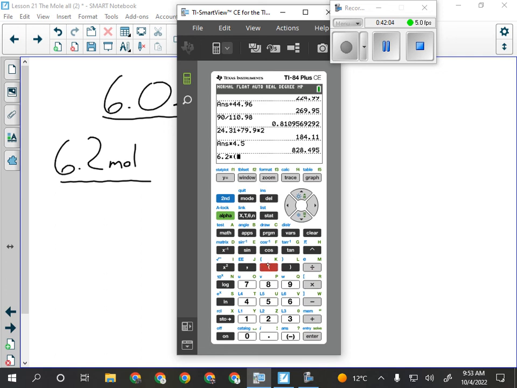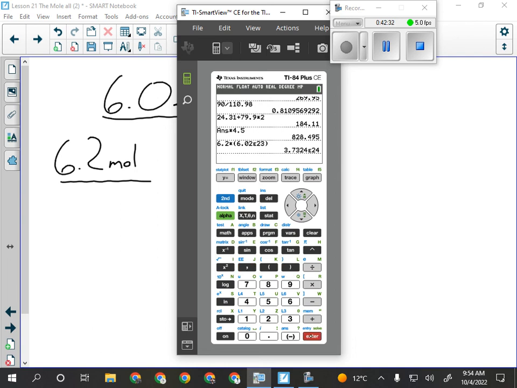So I go 6.02, and then I hit the second function button, and I hit the comma on a TI. If your calculator is not like this, it'll have an EE button or an EXP button. You'd hit that, and it'll put a little E, or it'll go times 10, and it'll have an X. 23.